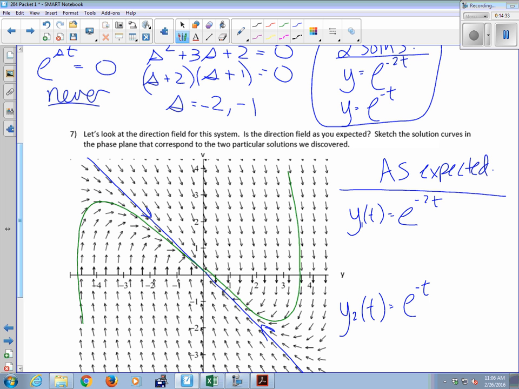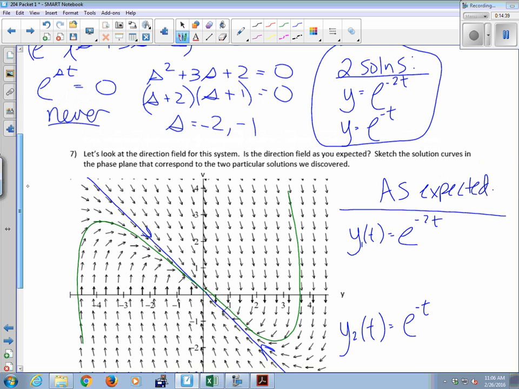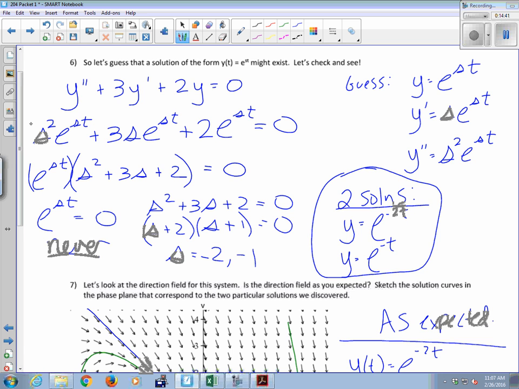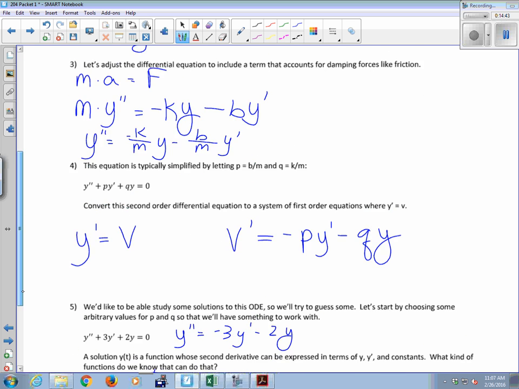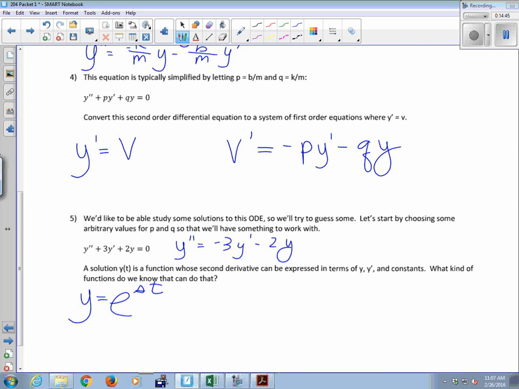But this phase plane is a representation of y and v, right? That's why I practiced changing a second order equation to a first order system, because you can only make a phase plane if you have two variables that both depend on time.